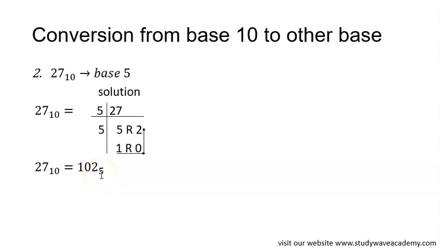Okay? Do you understand what I'm saying? 27 in base 10 is equal to 102 in base 5. So this is the pattern you use in converting from base 10 to another base. Okay?